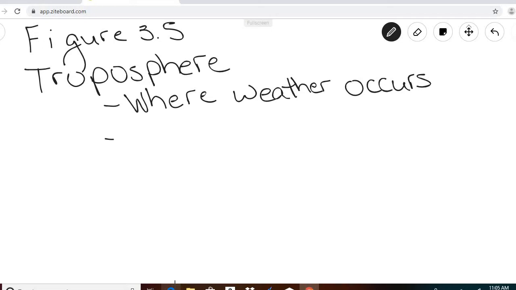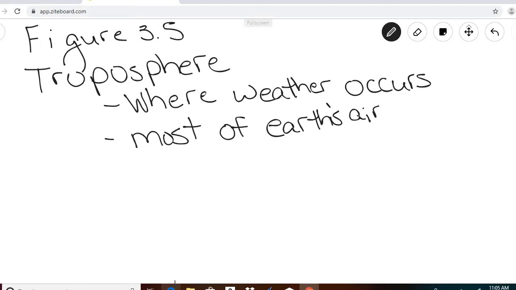And the other thing is that most of Earth's air supply is in the troposphere. And again, remember, that air is 21% oxygen.